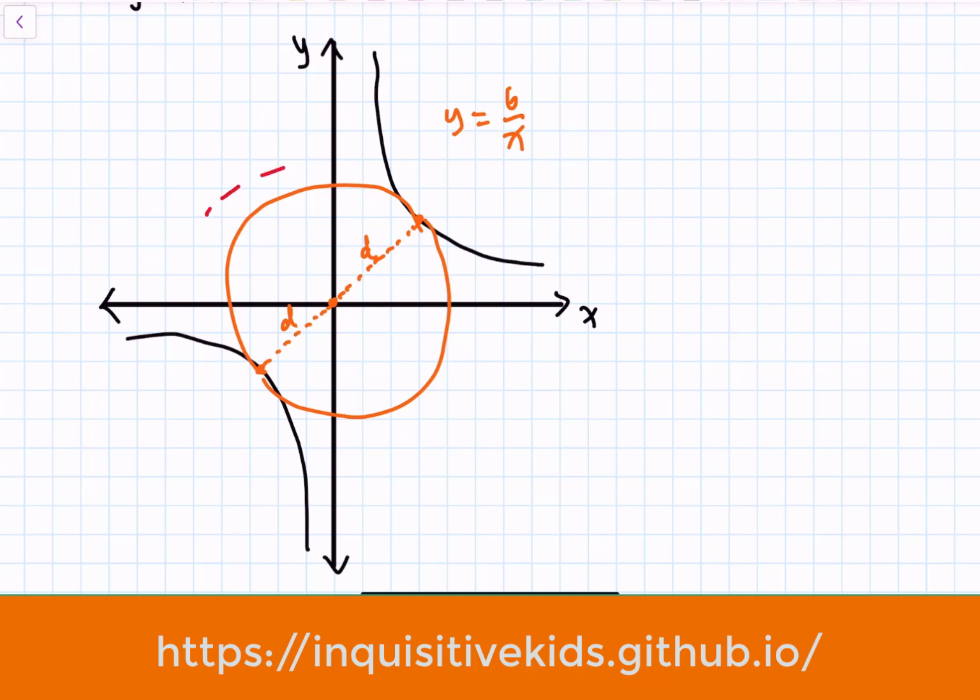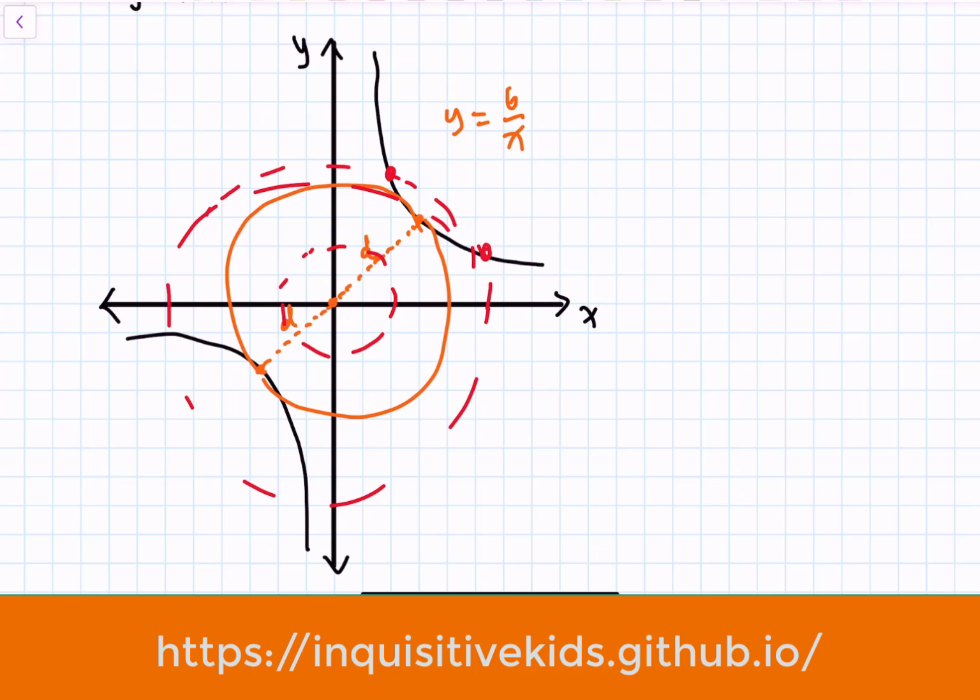If we drew the circle a little bit too big, it would intersect the function at 2 points. And if we drew the circle too small, there would be no solutions, no intersections.